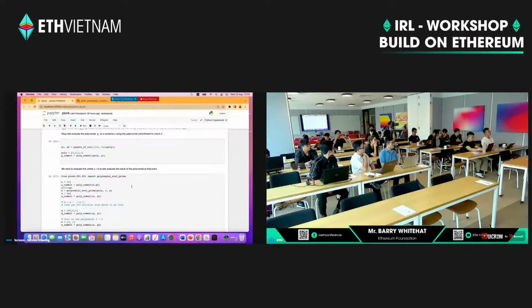Together they're known as PLONK, although that's really confusing. I wish we could separate the polynomial commitment scheme from the arithmetization, because they're two separate things. For example, you could take all of the arithmetization we talked about earlier and combine that with FRI, and that would totally work.